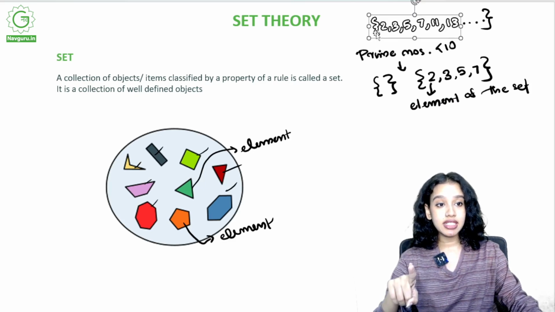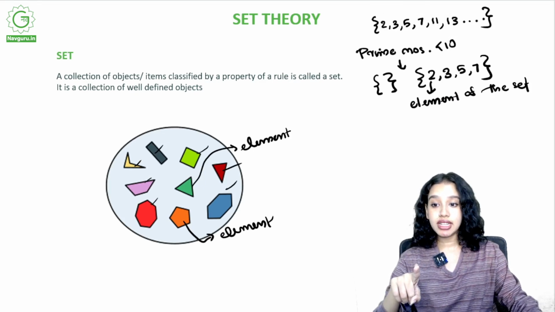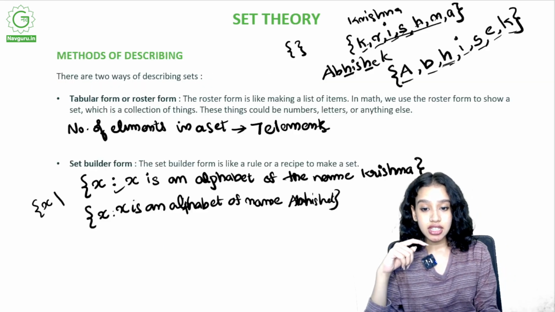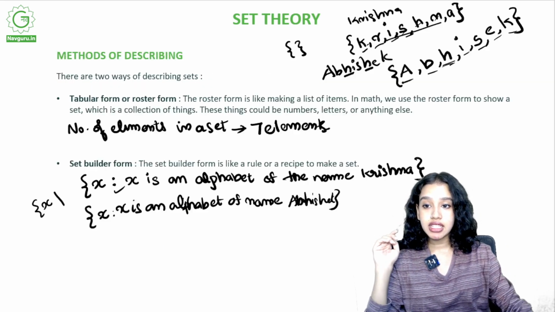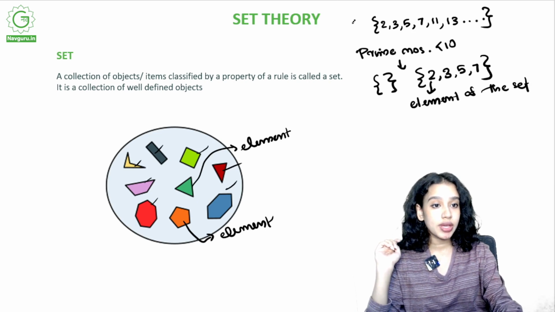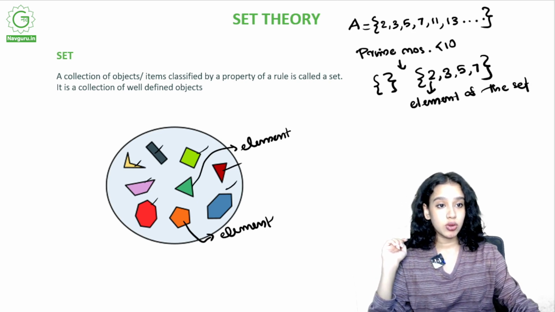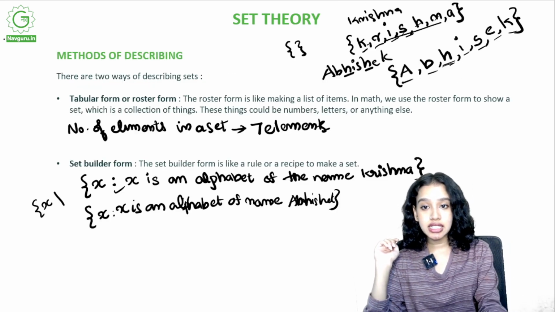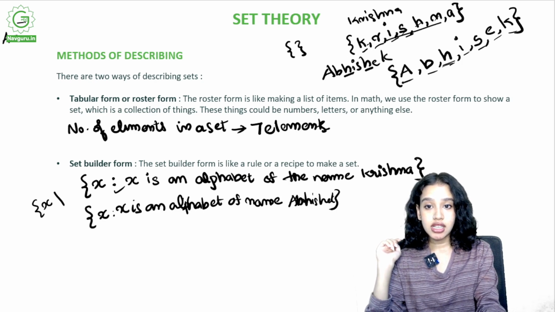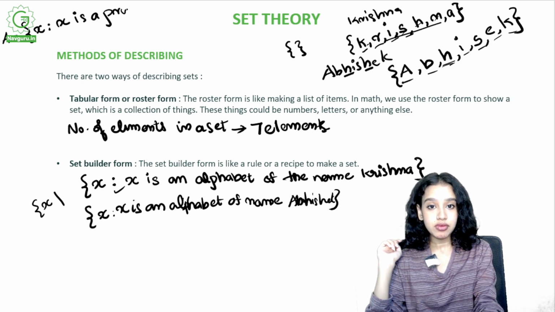How do we define this set? If I say the name of this set is A, okay, this is set A, then we'll say that A is equal to X such that X is a prime number.